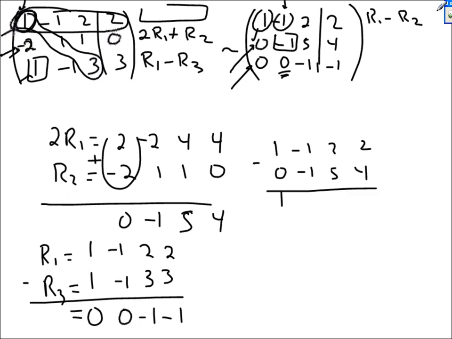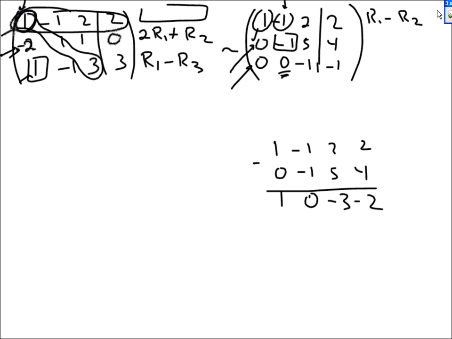You subtract, you get 0 there. Okay, so let's write up the new matrix. And column 2 is done. It's easier to clean up column 2 because we already have a 0. So row 1 is now 1, 0, negative 3, negative 2. Row 2 did not change, and row 3 did not need to be changed.